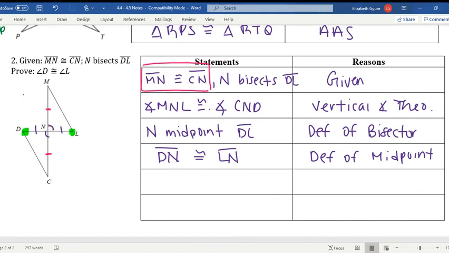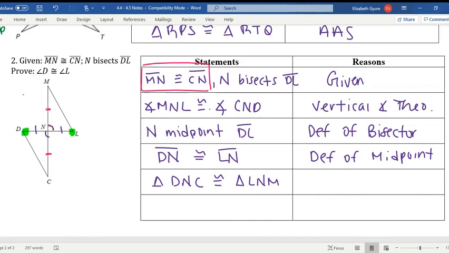All right, so almost done. Do I now have enough information to say the triangles are congruent? Absolutely. So we can then say triangle DNC is congruent to triangle LNM. When I name those, can I put the letters in any old order I want? No, make sure they correspond. I don't care how you put the first one, make sure the second one matches.